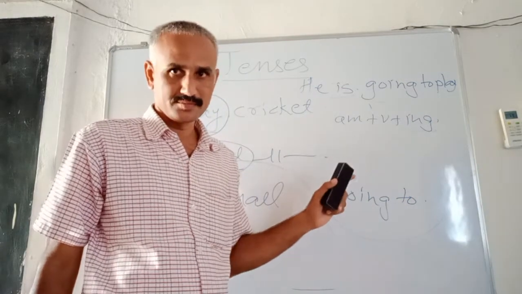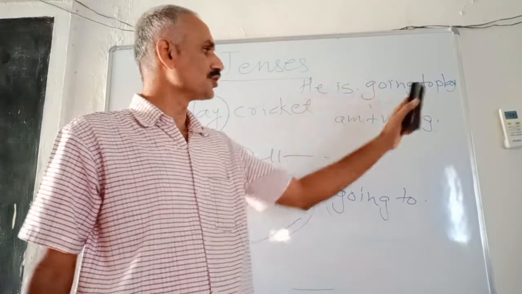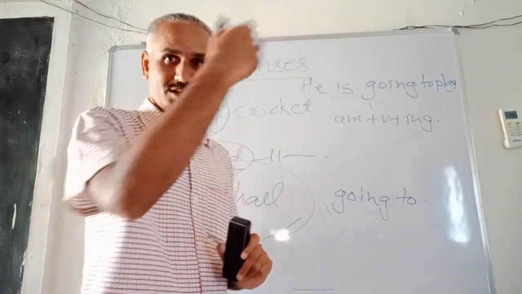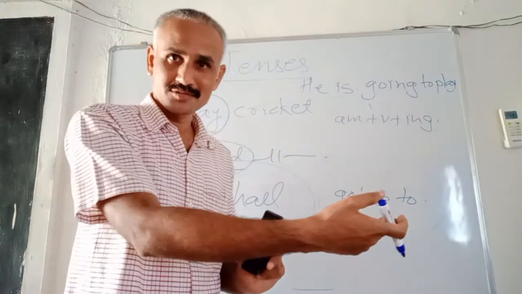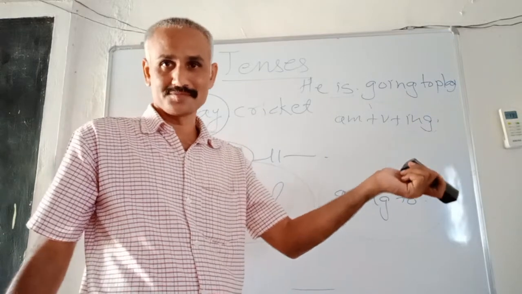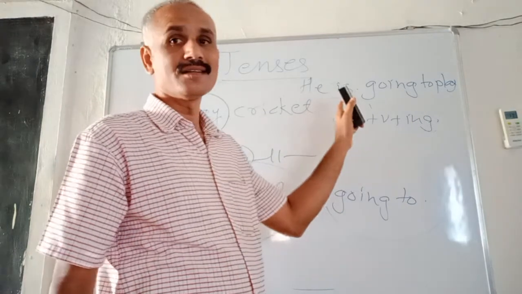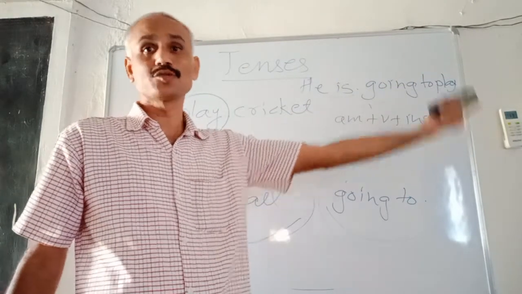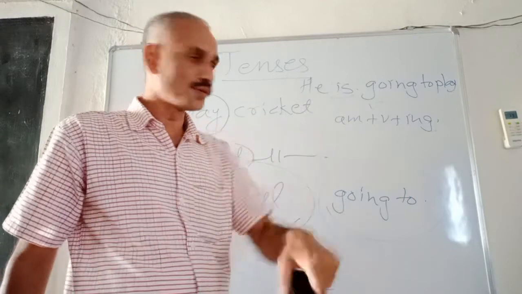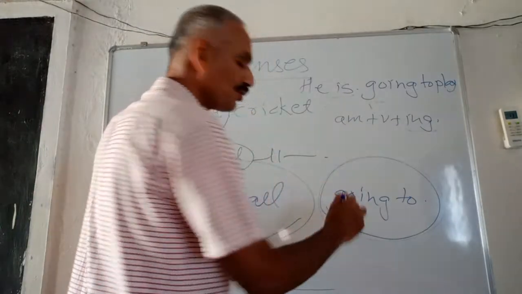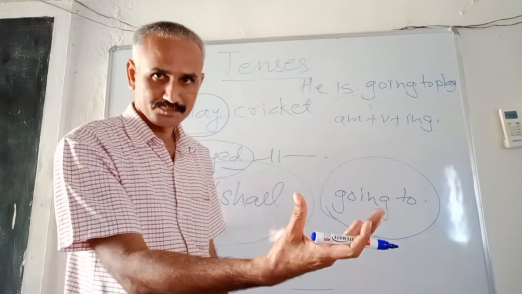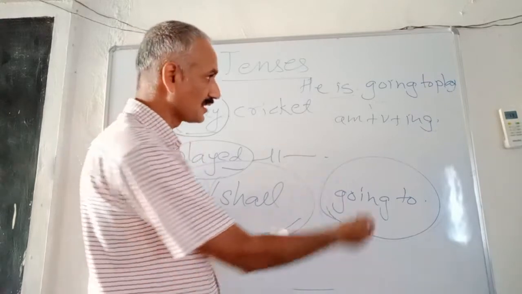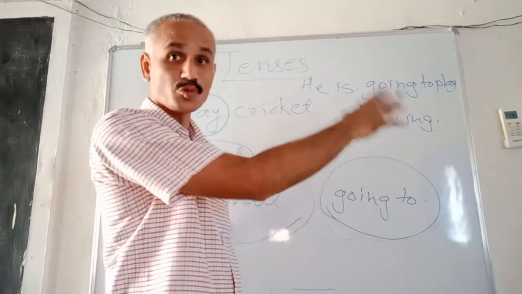The moment he says he is going to play, he is not playing. But after a few minutes, after a few hours, he is going to play. So it indicates the time which is yet to come, the action that is going to happen. So this was one of the ways to show the future time. You can use it as a future tense also, but theoretically it is not future tense, it is present progressive.